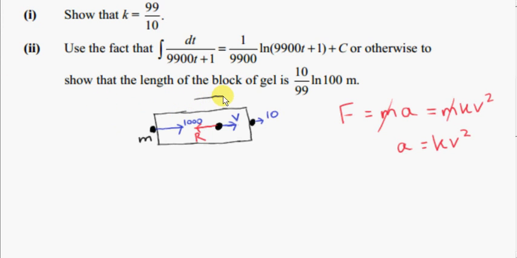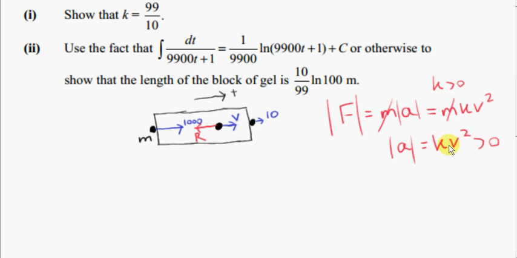So directions to the right are positive. That means that the resultant force F is negative, which in turn means that acceleration is negative. The acceleration is in the same direction as the resultant force by Newton's second law. So to emphasize that we are talking about magnitudes, we should really put vertical lines here. So this is a positive quantity. We said before that k is a positive constant. V squared is always positive.